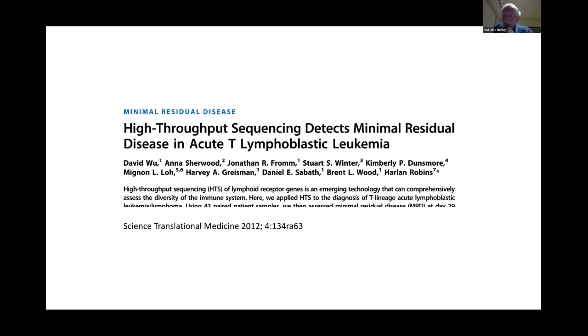But I would like to switch a little bit. I know this is a seminar on standardization and accuracy and precision, but I would like to point out that there are various sources of errors in residual disease monitoring.